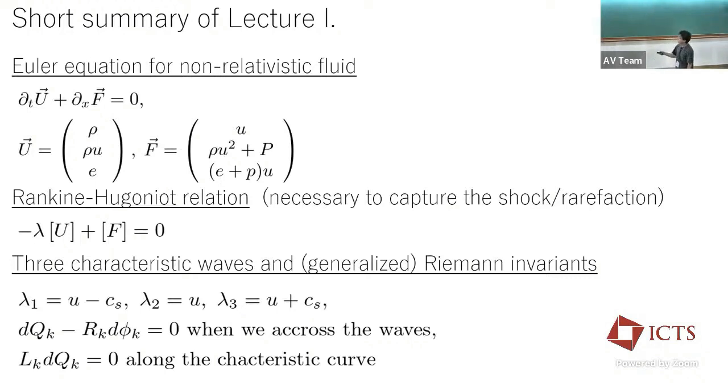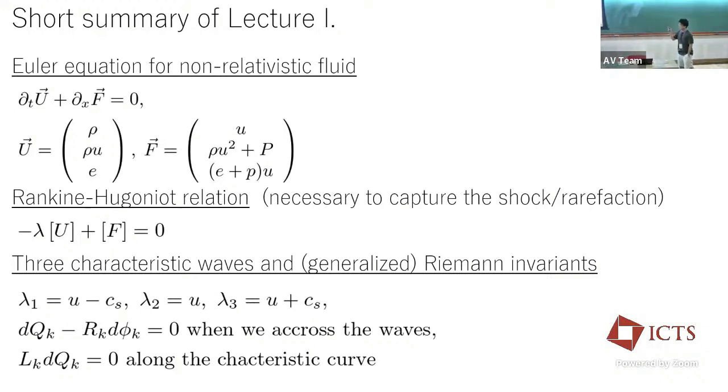In the absence of source terms, by integrating this vector u in a volume, this term is given by the surface flux terms by using Gauss's theorem. Then you can prove that if the volume is large enough and there is no flux at the boundary, the integral of these quantities is completely conserved. This is why we call this a conservative form, right?